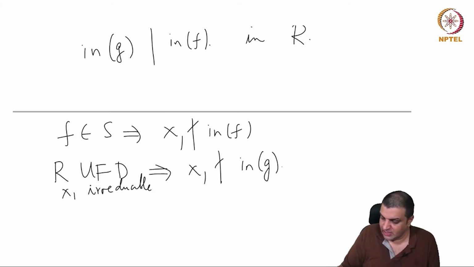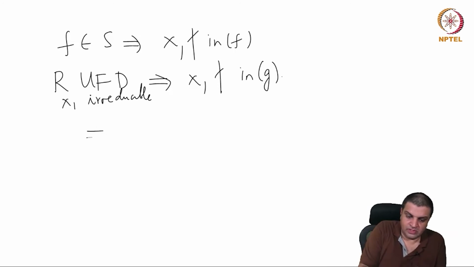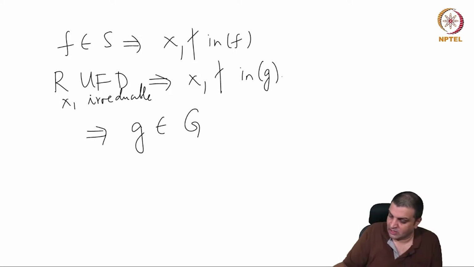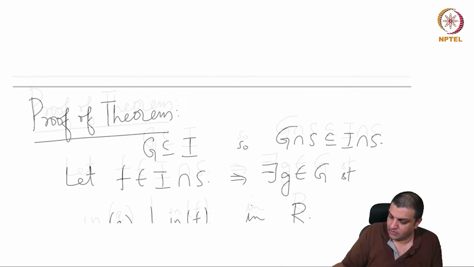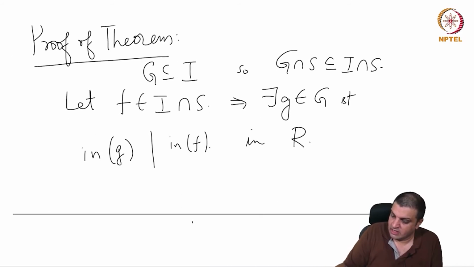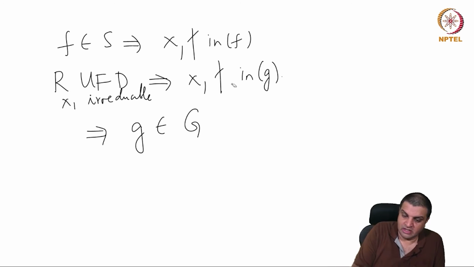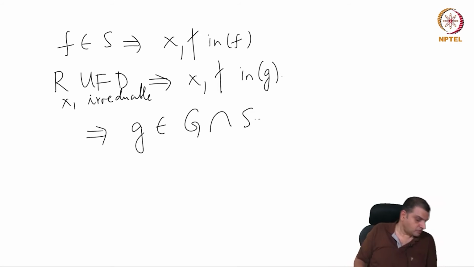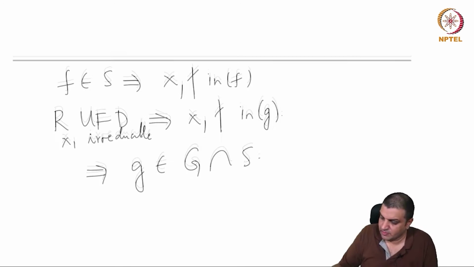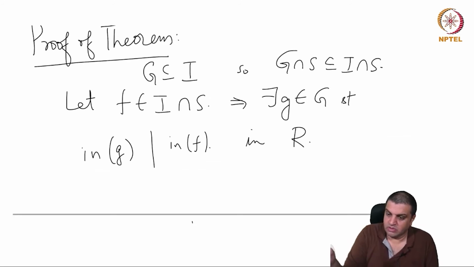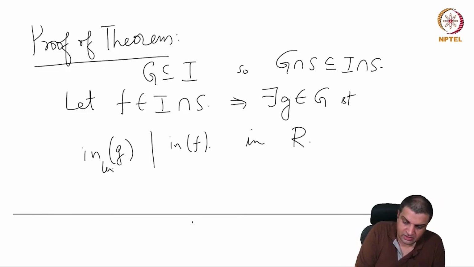So g is an element of S. This now implies that g is inside G intersect S. So we started off with an element inside G, and now because of this condition it's inside S. So in other words, this is a Gröbner basis. Remember, all these are considered with respect to lex.